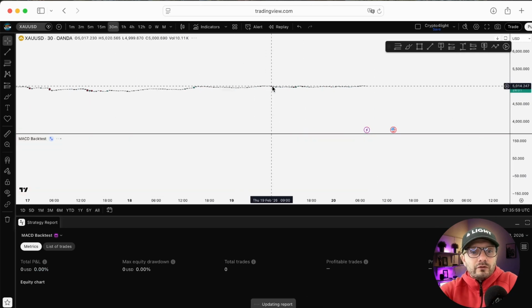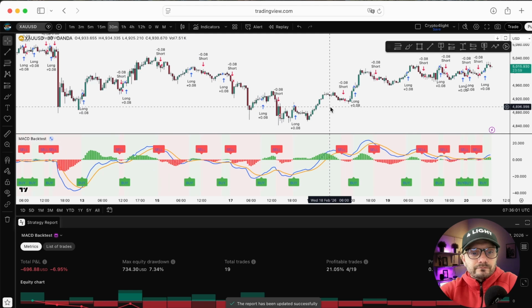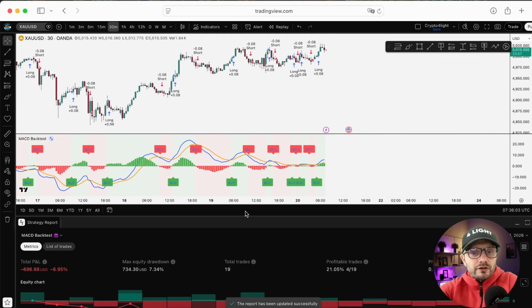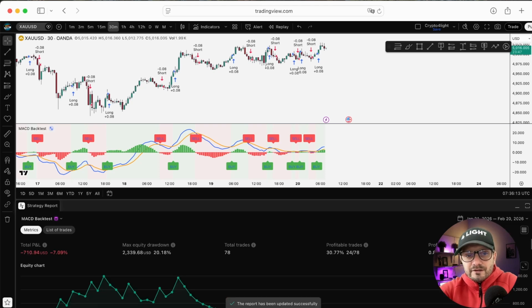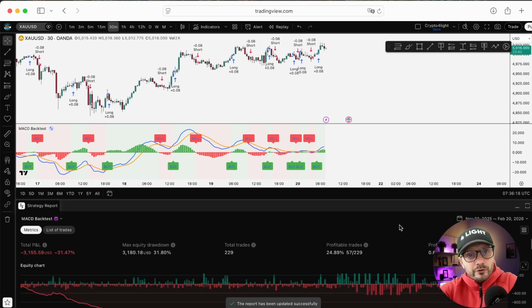Let's double check on smaller time frames, the 30 minutes time frame. Too much noise, probably. 30 minutes time frame, 6%, 7% drop. 30 days, 7% drop. 90 days, 31% drop.